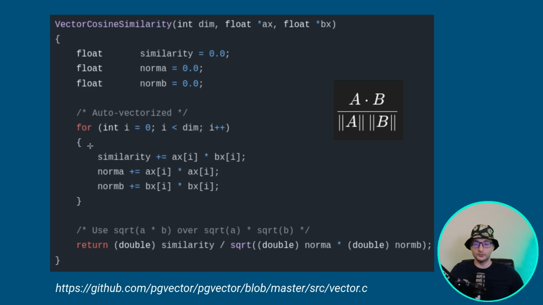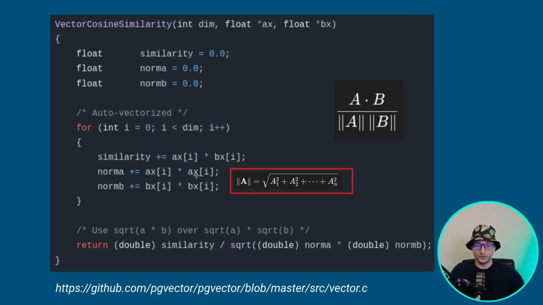So within this loop, first we are doing the calculation for the dot product. So this part is just doing that. Now the other part, the norm A and norm B calculations, are following this formula right here, because this is calculating the magnitude of the vector, and for that we need to square the number, sum them all up, and then take the square root.